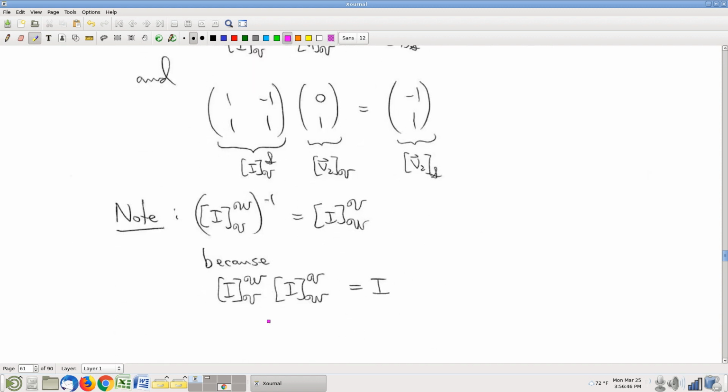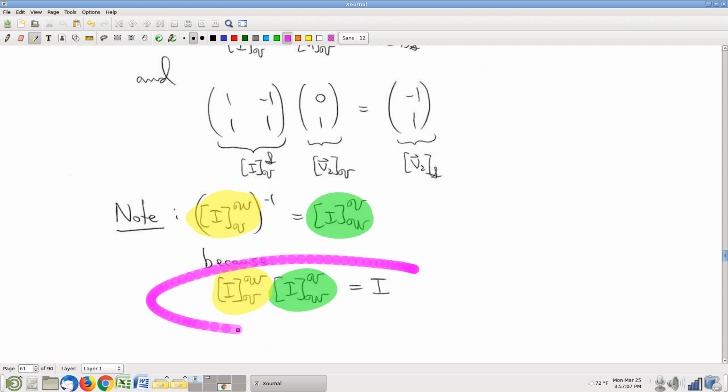One last observation. If you've got a change of basis matrix from V to W, and you want to know how that relates to a change of basis matrix from W to V, I hope it comes as no surprise that if you convert and then convert back, ultimately you've done nothing.